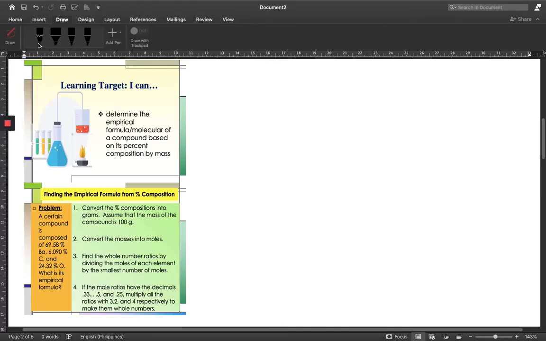So in our problem, we are given the following mass percentages for each element. Let's write it down first to be clear.